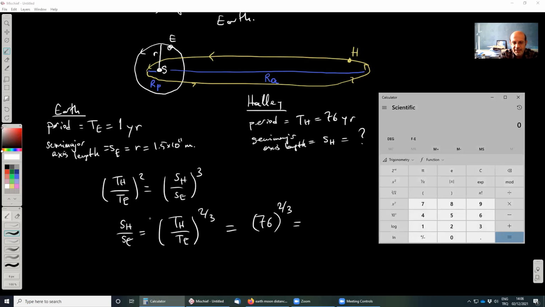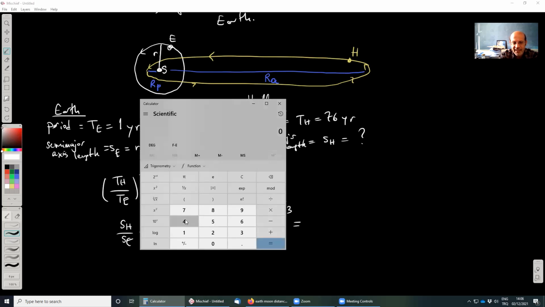So let me do this calculation here. It is 76 to the power of 2 divided by 3. Okay, and that equals 17.94.